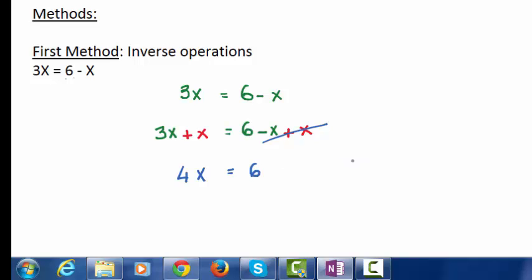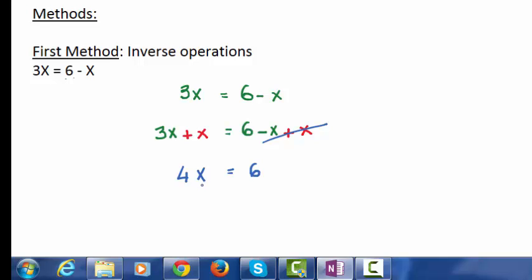This is the first step of the inverse operation. Now I have another problem. I still have a number mixed with a variable. So I can think that if I transfer the 4 to the other side, it's going to be better for me. So I need to isolate x.